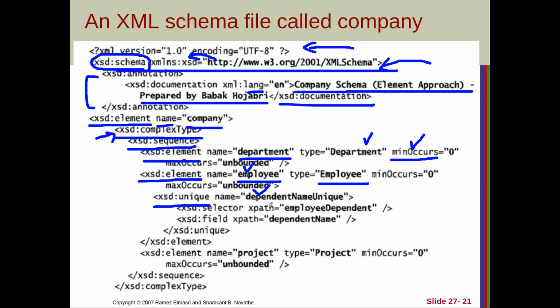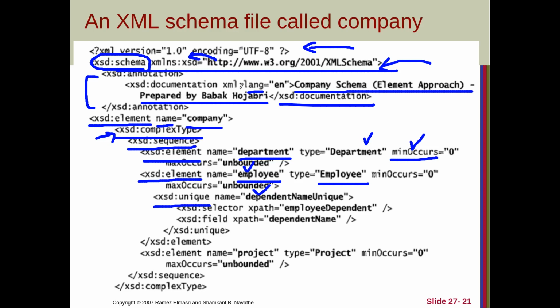That means a particular element present under this employee must be of unique value. The value cannot be repeated, as we use unique in SQL. Unique, but primary key is different, unique is different.